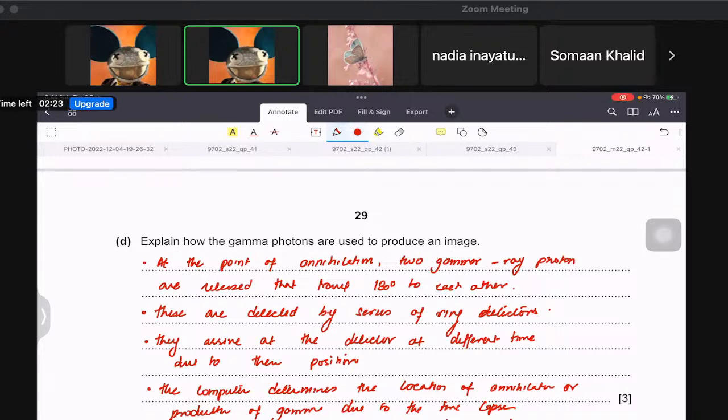Is that clear, everybody? Arriving from that point. So you can write these. This is the standard, the same thing that we wrote about, reconstruction.